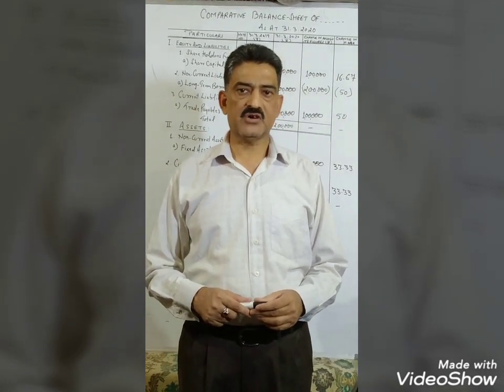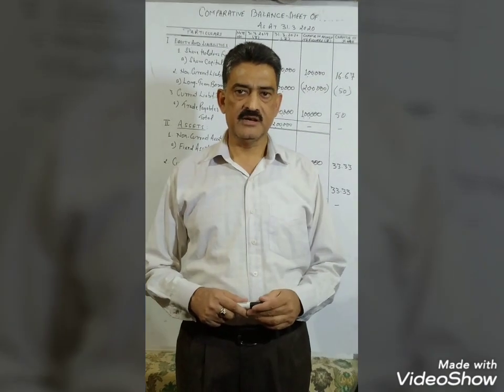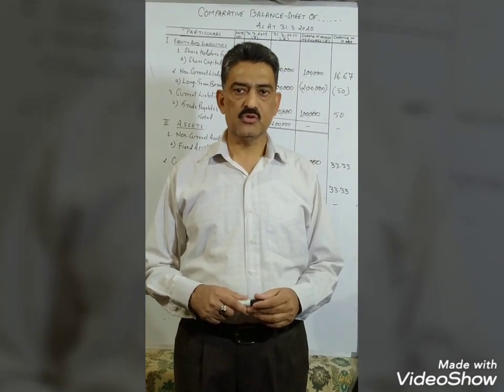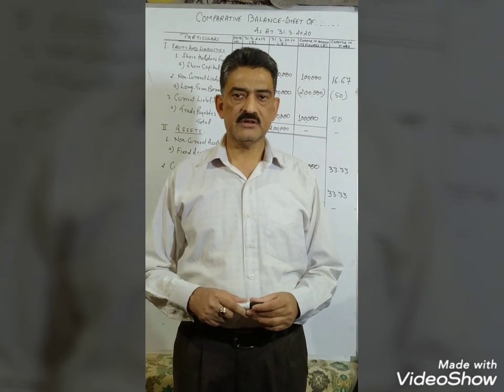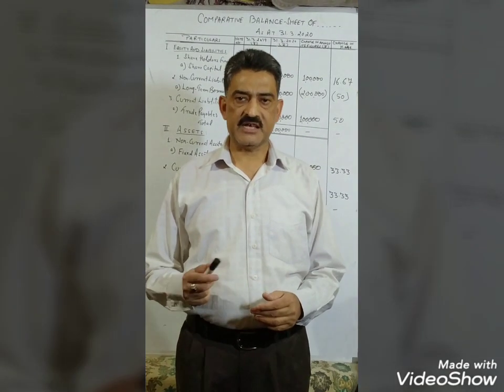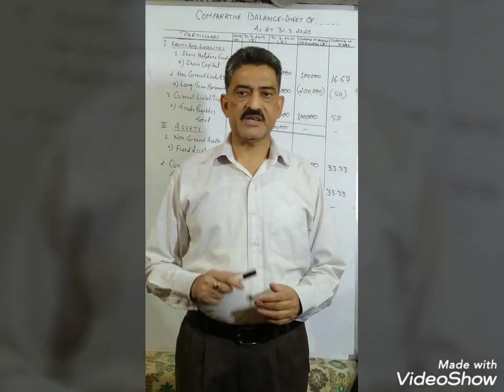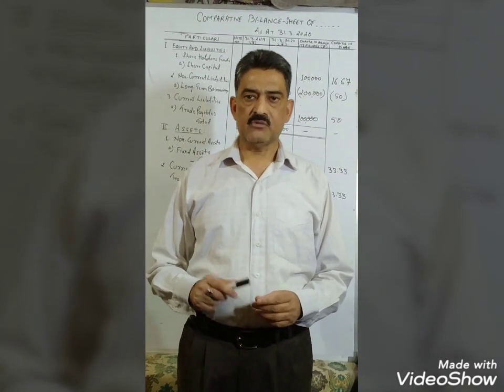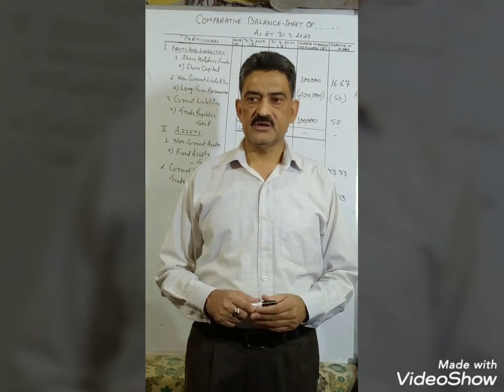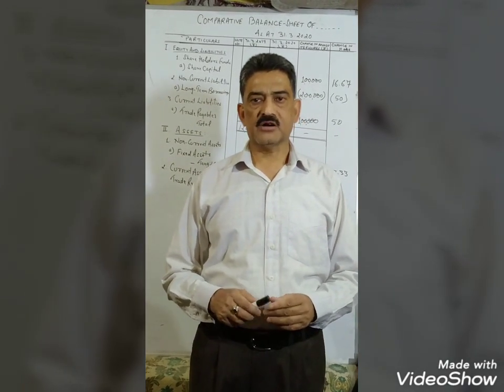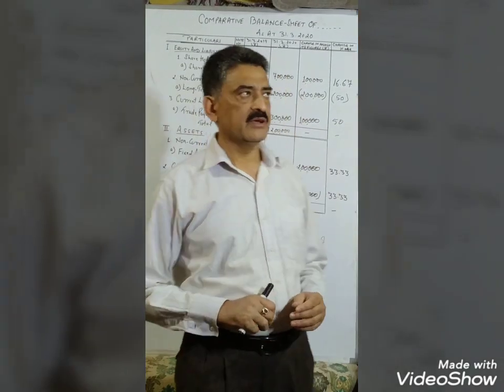As per the requirements of the Companies Act 2013, companies are supposed to show 2 years figures in their balance sheet for the previous year as well as for the current year, so that the comparison can be made easily. Now on the basis of that information, we have to prepare a comparative balance sheet.